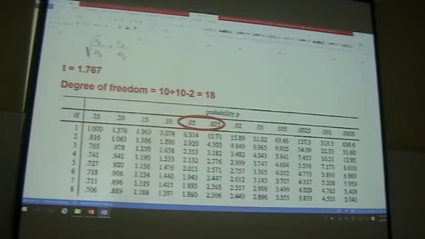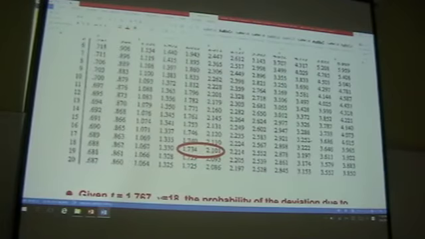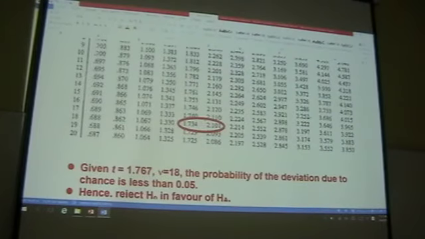If the degree of freedom is 18, should I be looking at the first row or the second row? No, right? Neither. Should be looking at which row? The 18th row. So go to the 18th row, which is here. Search for 1.767, which is here. And this corresponds to what p-value? Look up.